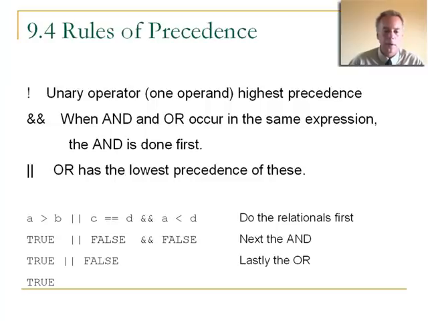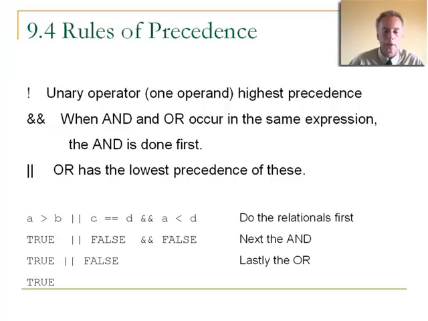So here's the example. We have A is greater than B, or C is equal to D, and A is less than D. I don't know what these A, B, C, and D variables mean. We're just using those for the purpose of looking at the logic in these expressions. So in this case, we would do the relationals first.